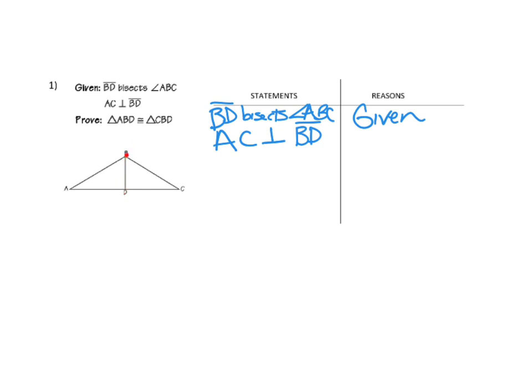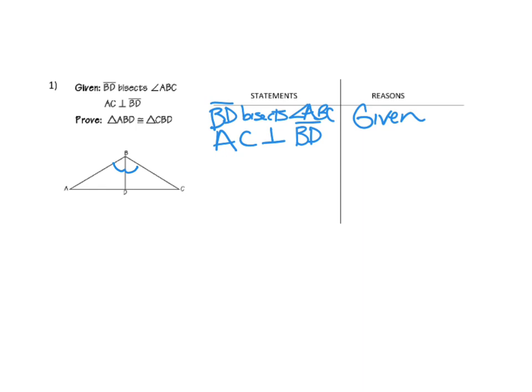BD is this line down the middle here, or segment, and it's bisecting the angle ABC. So if this big angle ABC is getting bisected, then that means that these two angles up here would end up being equal to one another, or we would call them congruent.